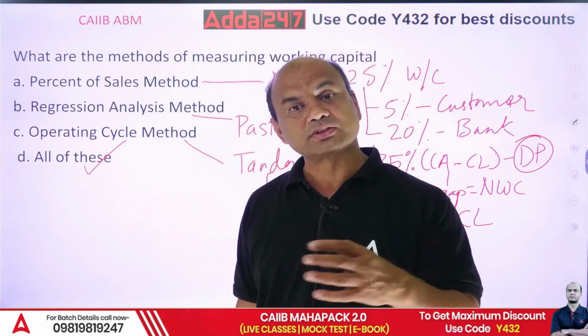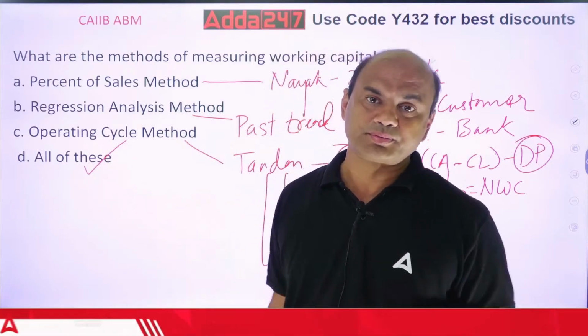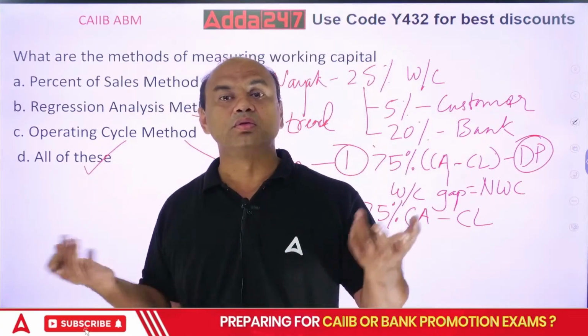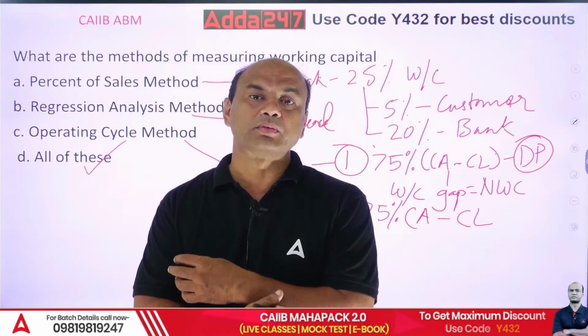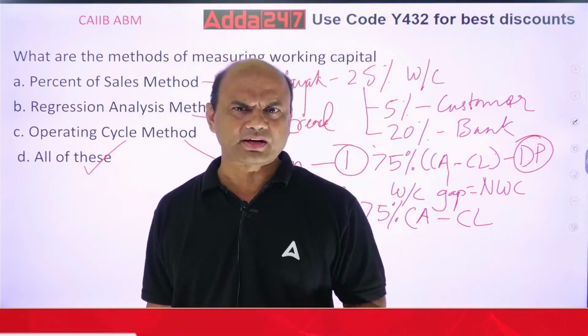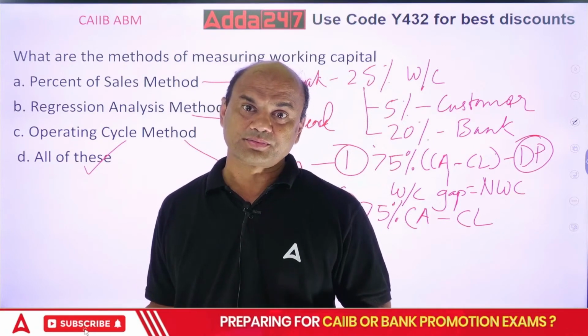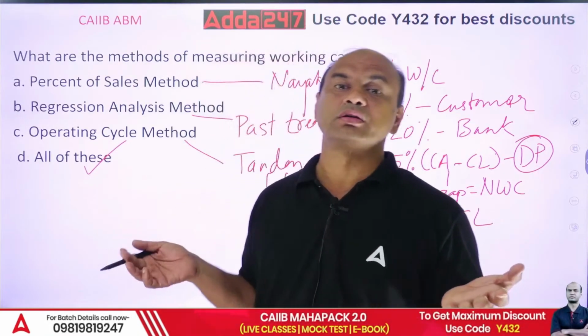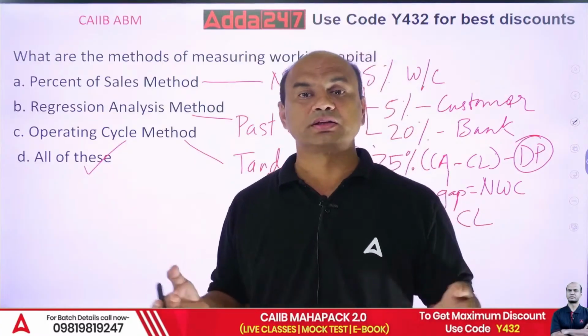Because there is certain stock. Suppose I am a goldsmith, dealing in gold, and I am having gold as a raw material. If I am having more than 6 months old gold, will you not consider it? You will consider it, right? Or say I am a liquor provider.